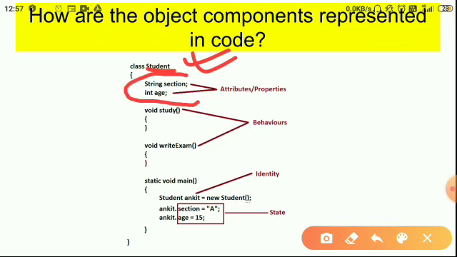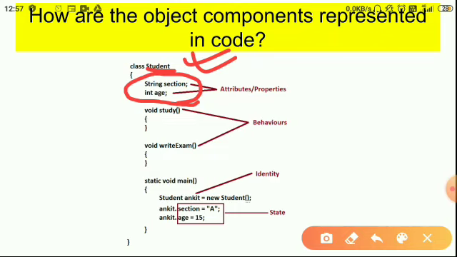Remember what kind of attributes a student can have? There are many, but for keeping things simple, I've just taken two attributes: section of the student and age of the student. String section, int age. Don't worry about string and int now, just focus on section and age.